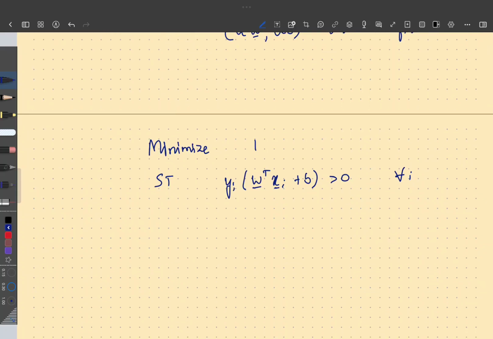All right. So let's define gamma to be the smallest possible value the left-hand side can take. Minimum over i, yi times w transpose xi plus b.